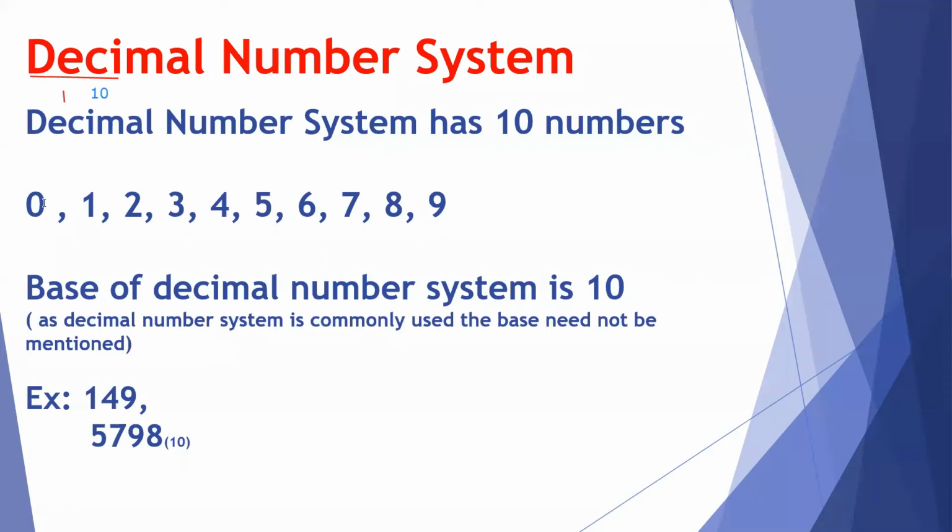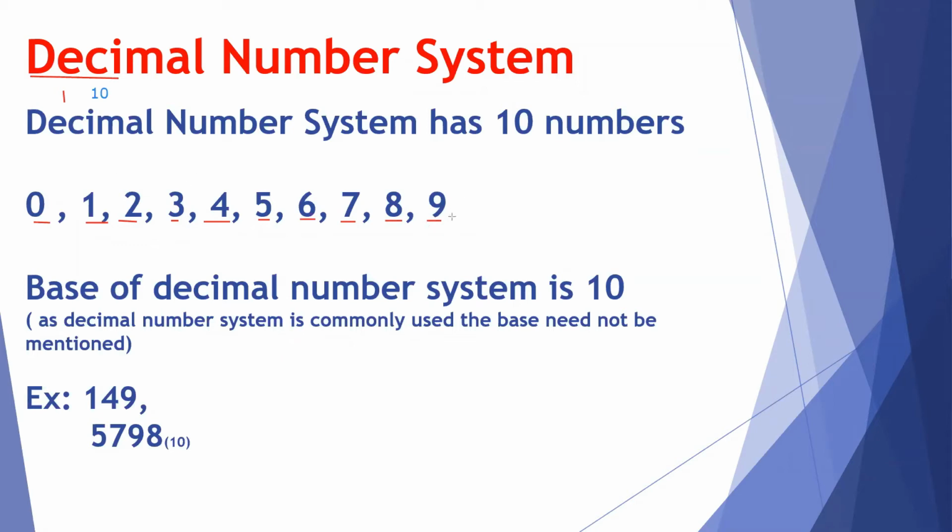So what are the numbers? 0, 1, 2, 3, 4, 5, 6, 7, 8, and 9. These are the numbers present in the number system. Whenever we write a number using the decimal number system, we have to make use of only these numbers.